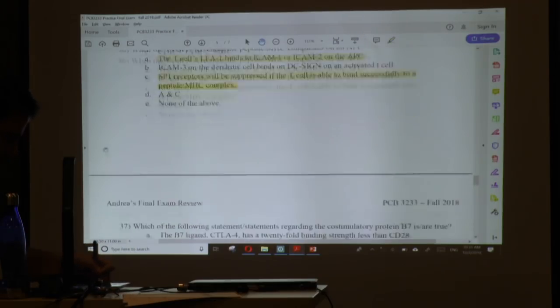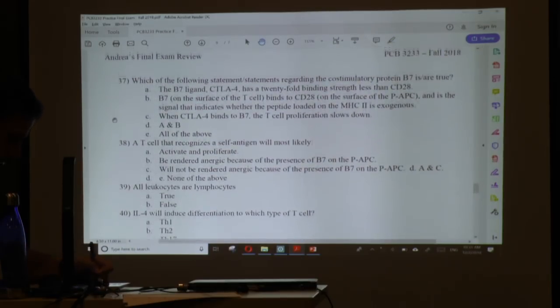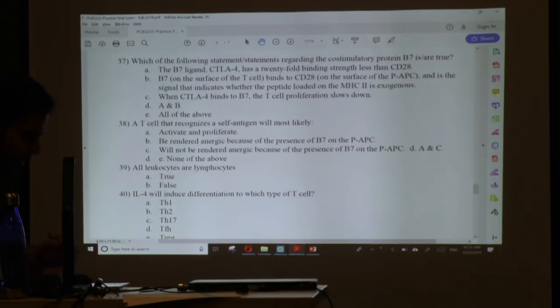Where is it? So, which of the following statements regarding the co-stimulatory protein B7 is true? So remember, B7 is the one protein that's expressed by dendritic cells, right?